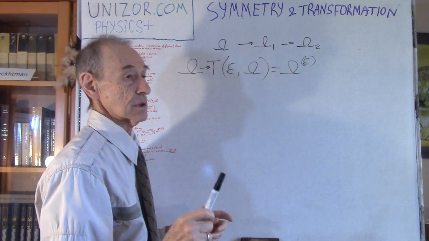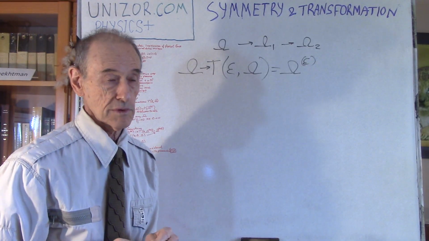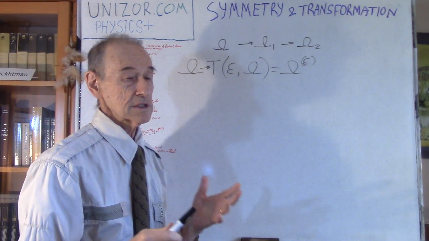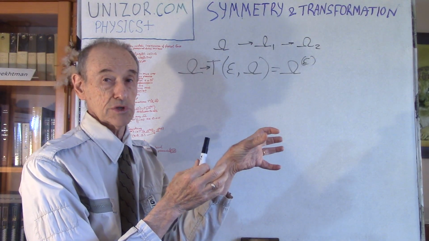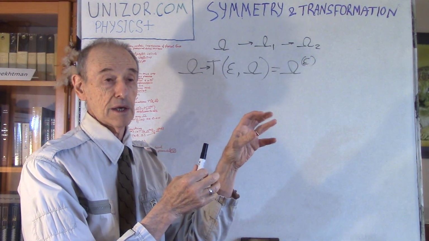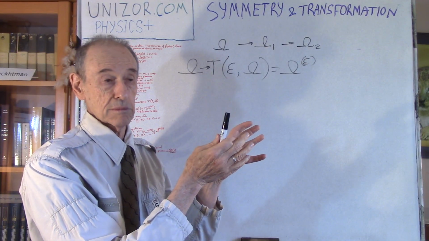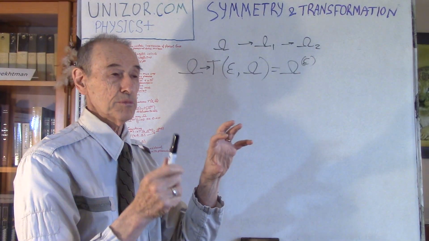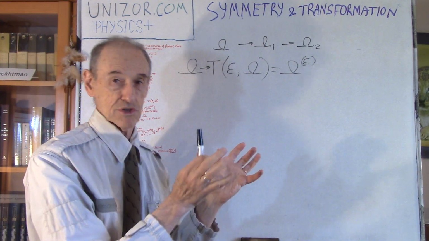Another important concept is continuous transformation. Now, what is continuous transformation? We were talking about the square when we are rotating it by angle phi, and it can be anything, maybe small, maybe large, etc.